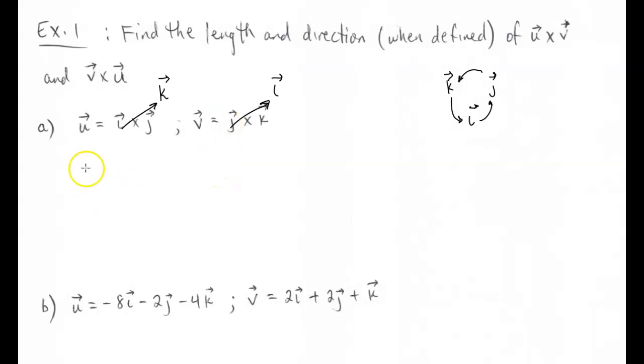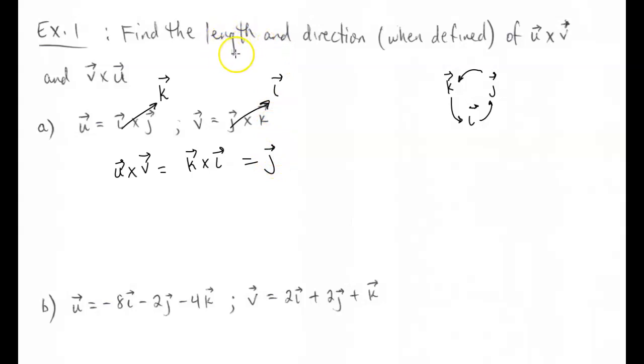And so in looking at that, we know that u cross v is just going to be the same as k cross i, and of course k cross i will just give us j. And so this would be the actual vector here.